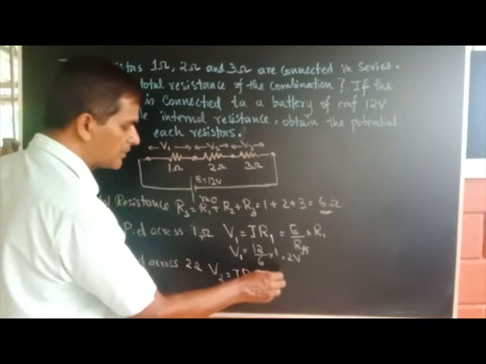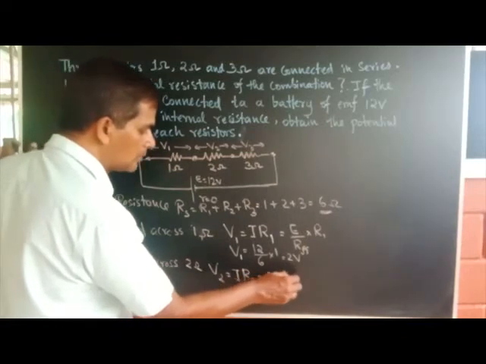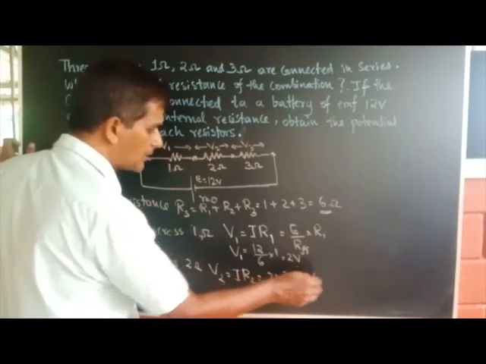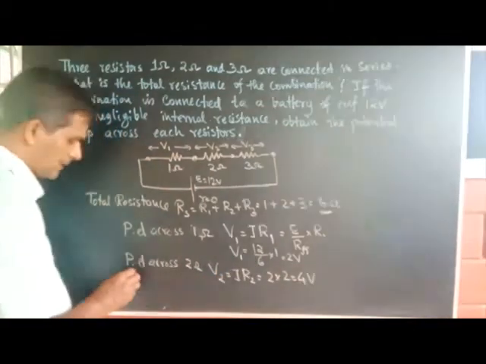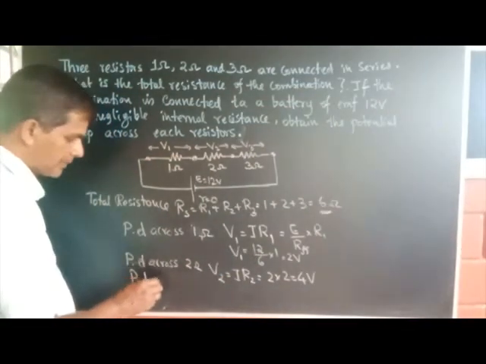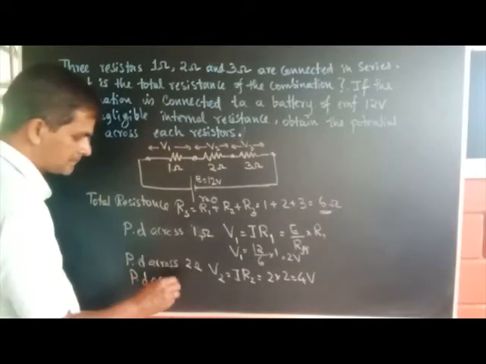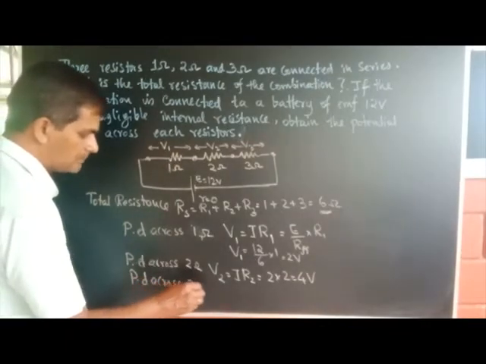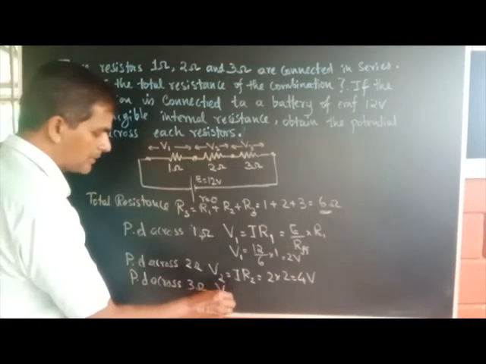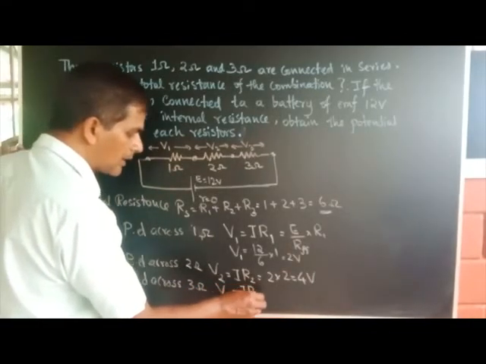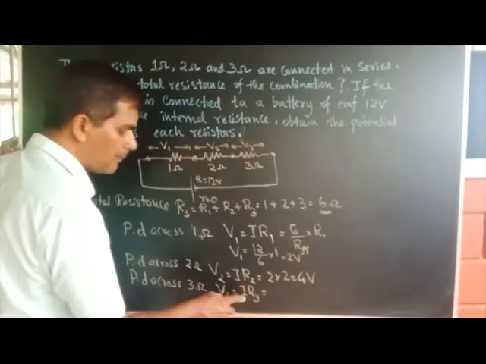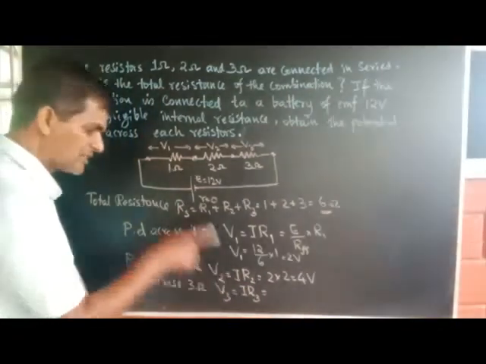So I can write 2 into 2, 4 volt. Similarly, the potential drop across 3 ohm, that is V3, I will write again I into R3. This is a formula applied when resistances are in series.